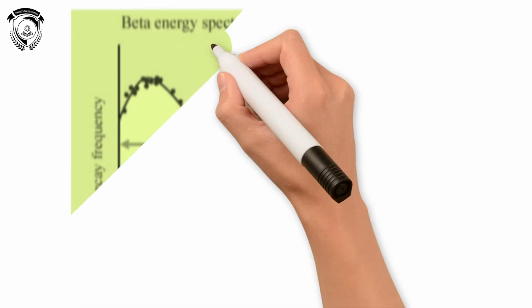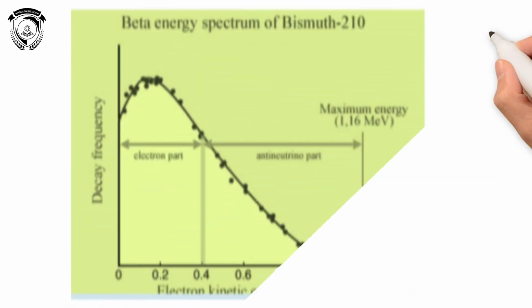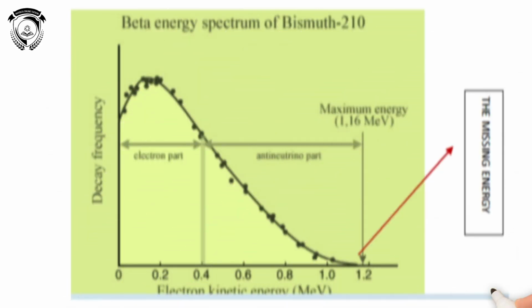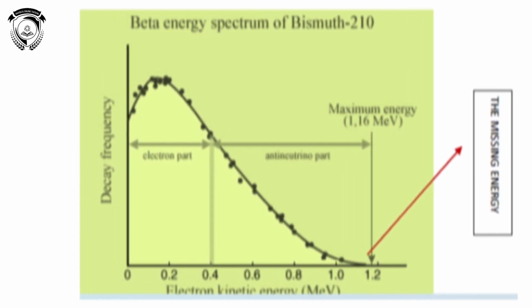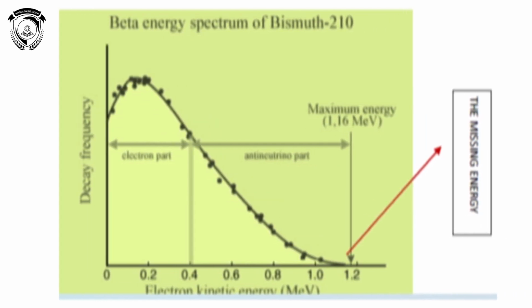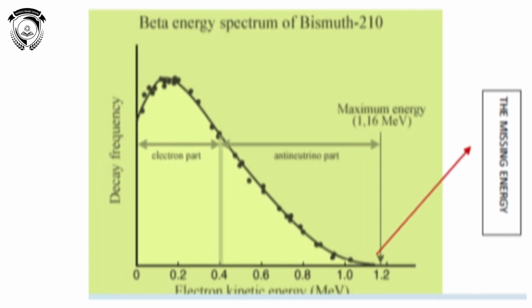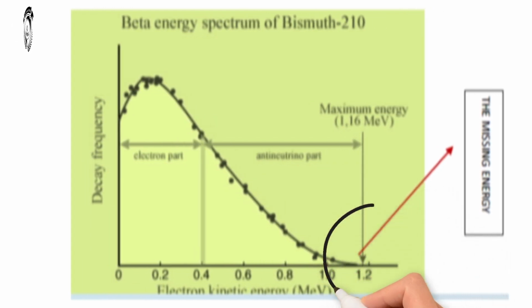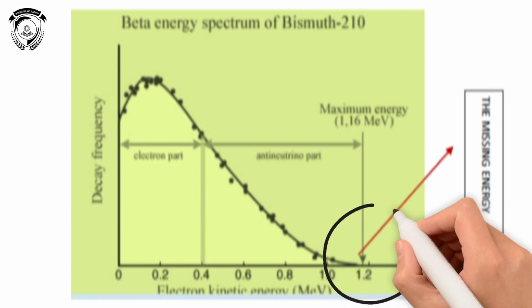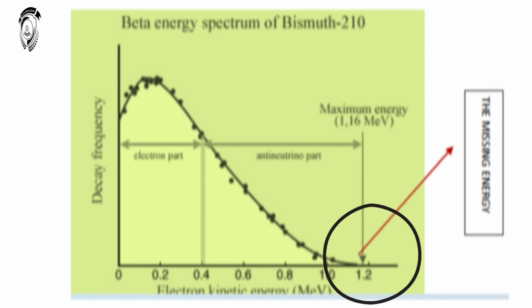First of all, let's move back to figure 1. If you look at this figure carefully, you will notice that there is a discontinuation in the spectrum, or I would say an energy gap, since the spectrum finishes before it reaches the level of 1.2 mega electron volts. So where is this missing energy? This suggests that there is missing energy.